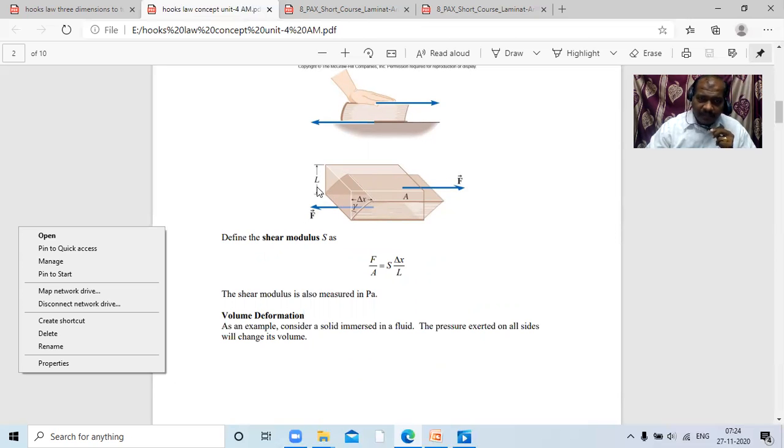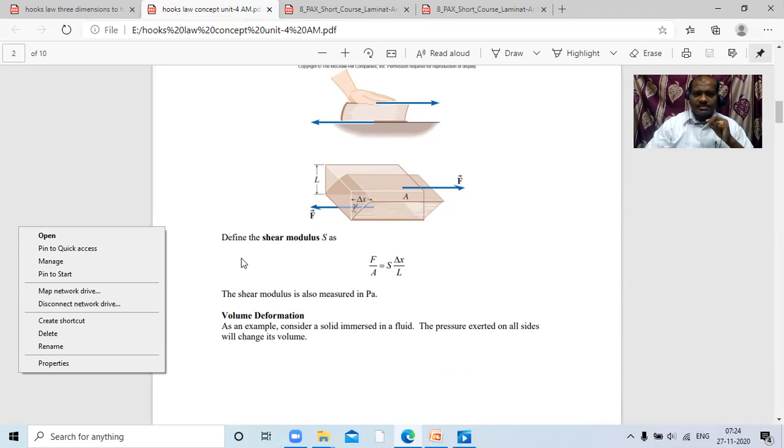Here L is there, dx is there, and gamma is there. If you observe this white color line, del x is the change in deformation with respect to the original shape of the laminate. Whatever change happens here, the same change is going to happen here also. That's why we have considered only del x.